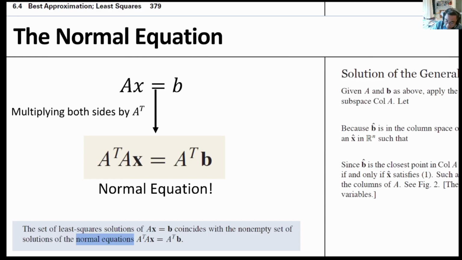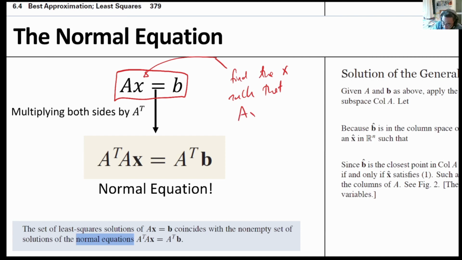In the next few slides, we will continue to examine the problem of Ax equals b, and our problem again is to find the x such that Ax is produced to be nearest to b.